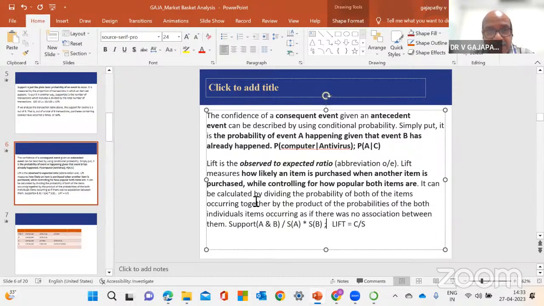If the lift is greater than 1, it means the association is stronger. I'm going very slow. I'm expecting questions from your side also. Therefore, lift is identifying what association you are having.